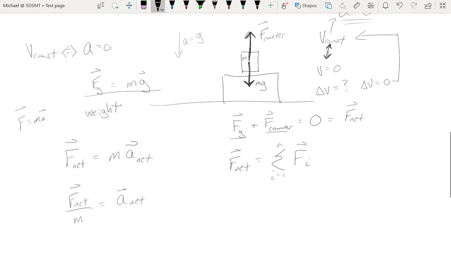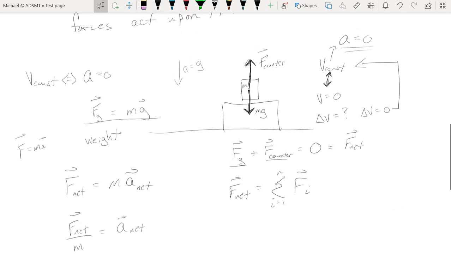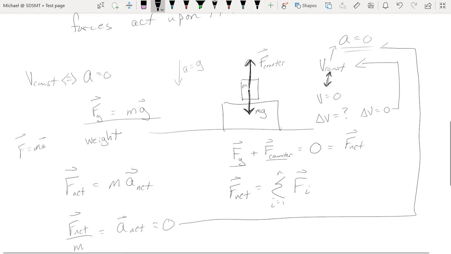Except for this case, the net force has added up to zero. And so regardless of the mass, we get a net acceleration that is equal to zero. And well, now that fits in with what we're seeing.